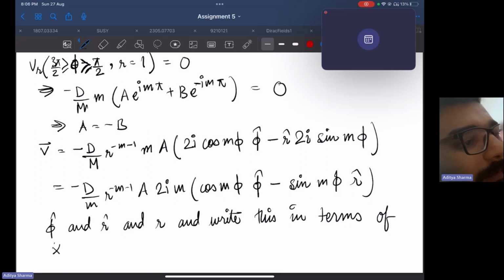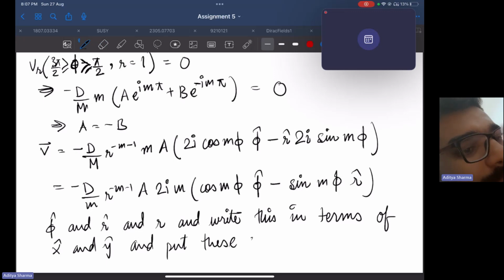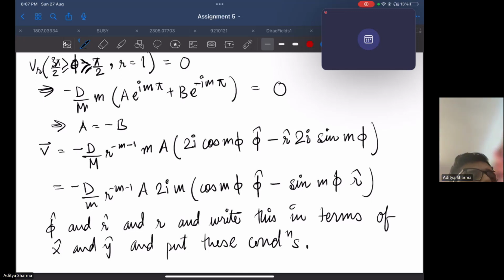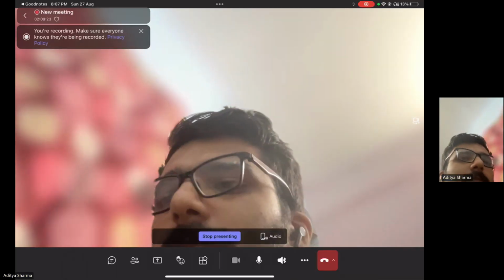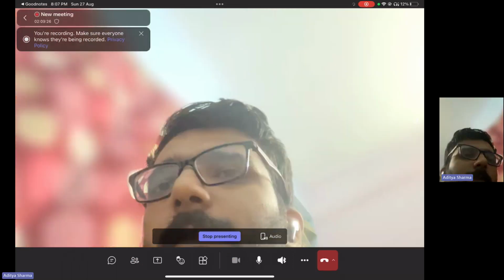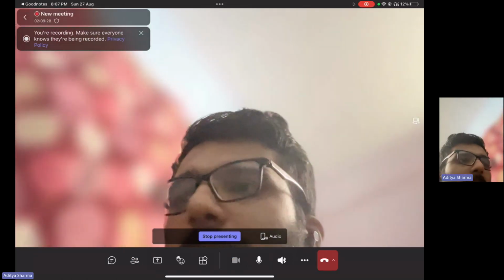Let's calculate that. So that is a bit tedious job, but it's doable. It's not that it's not doable, but it is a bit difficult.